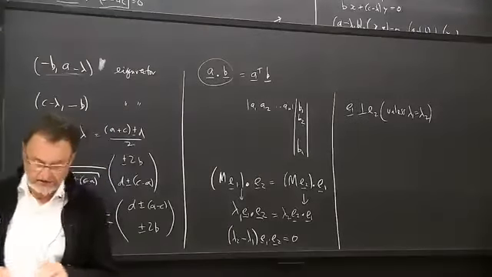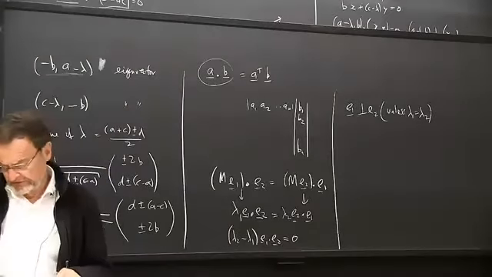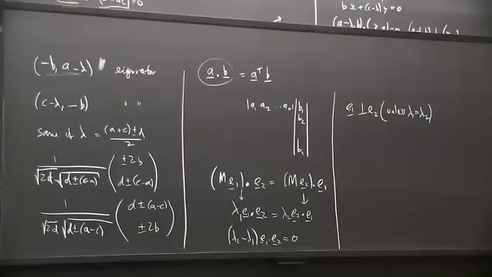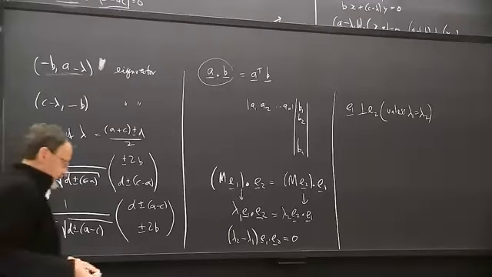And if they're not all different, if there's a multiplicity, it turns out I can pick the eigenvectors to be orthogonal. So the example would be the eigenvectors are in a plane, and I can pick any two vectors in that plane. They'll all work. All of the vectors in that plane are eigenvectors.